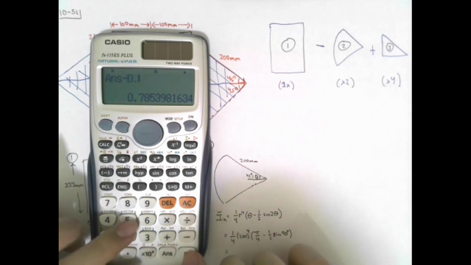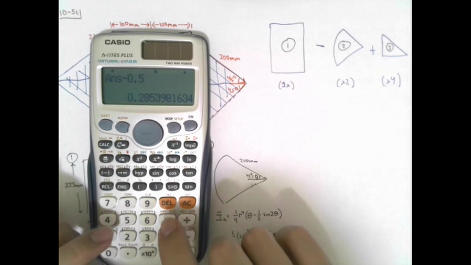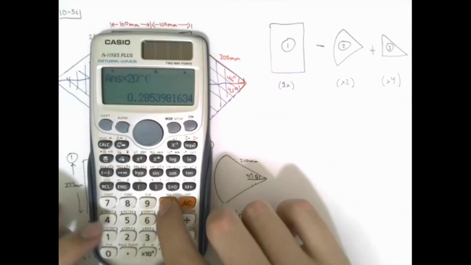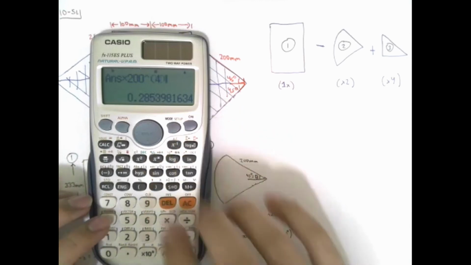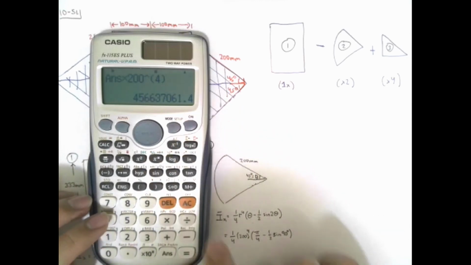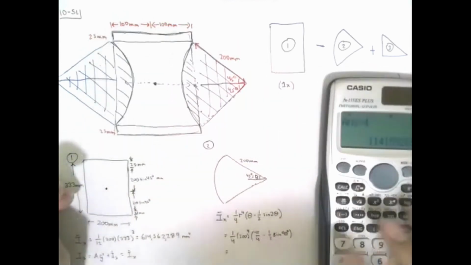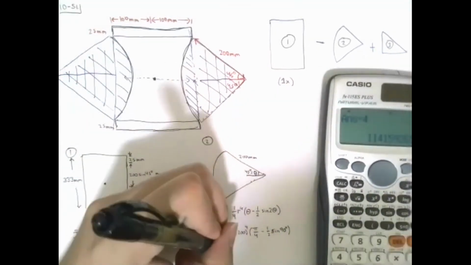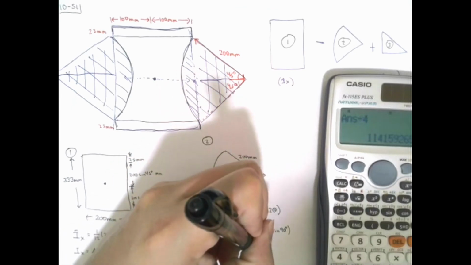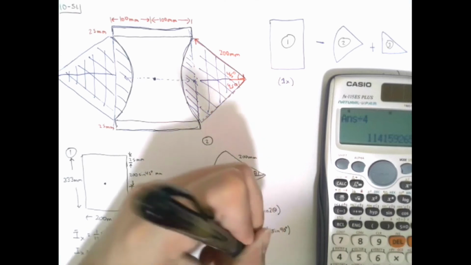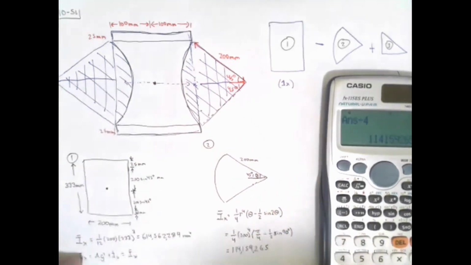So minus 1/2, times 200 to the power of 4, then divided by 4. And that gives us 114,159,265. So 114 million.